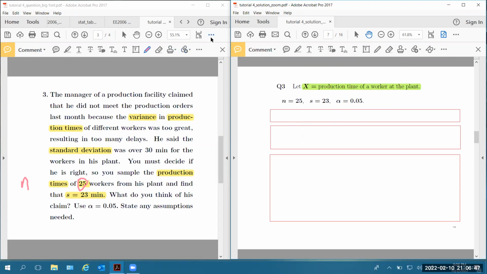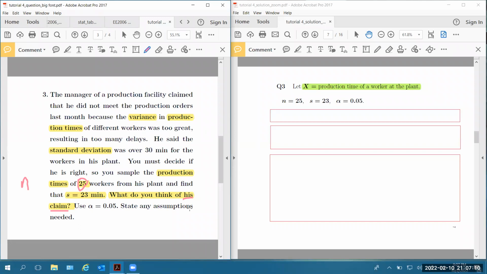Now we come to the very important sentence that tells us what our H1 is. What do you think of his claim? How do I know what to think, unless I go and test his claim?